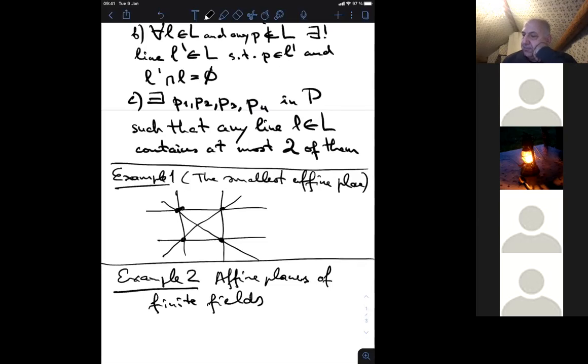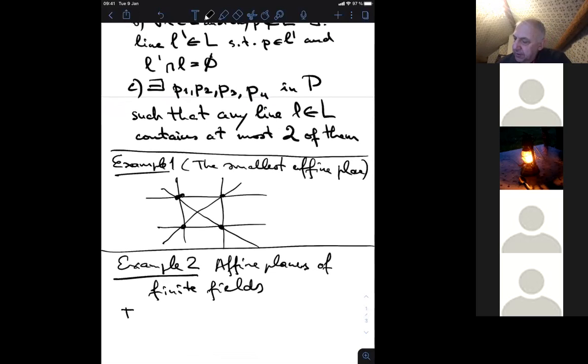If q is a prime number or a power of a prime number, so first of all, finite fields.